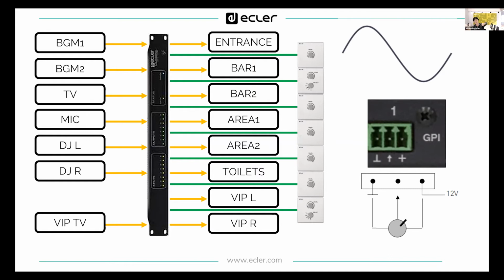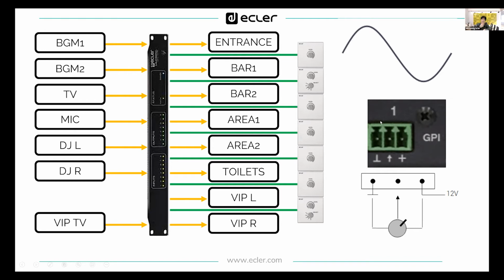If you turn it to the left, you will have 0 volts. And if you are in the middle, you will have 6 volts. And whatever position, you will have some values in between, okay? So it's just a physical voltage into the GPI.